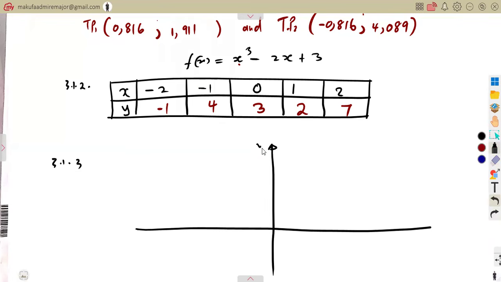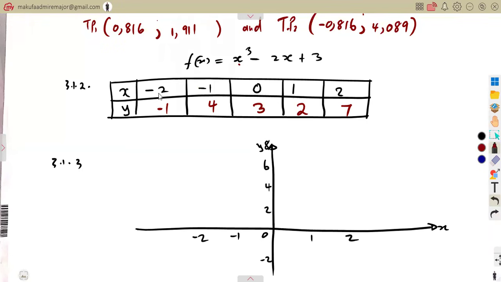Okay, so let's say this is our y, this is our x. Then we've got 0, 1, 2, and so on. -1, -2. Then we've got 2, 4, 6, 8.